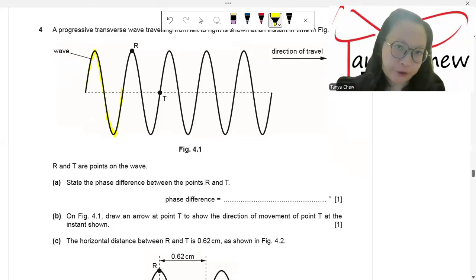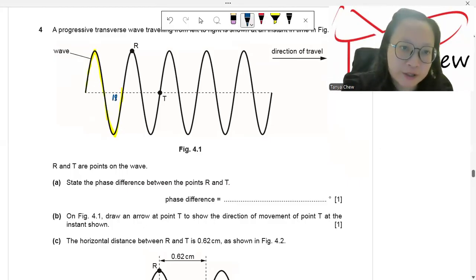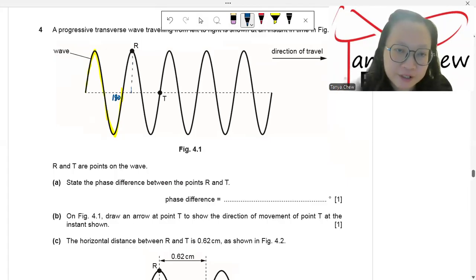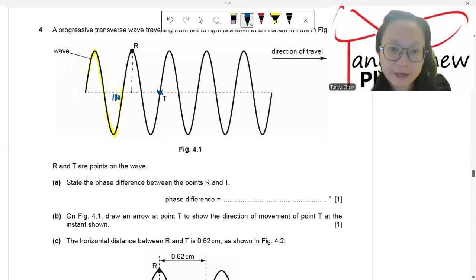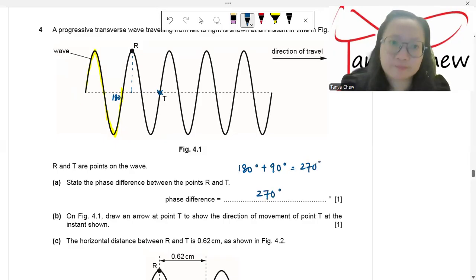So up to here, this is already 180 degrees. Now the difference between R and T here is 90 degrees because it is a quarter, right? So you just take 180 degrees plus 90 degrees, you get 270 degrees.